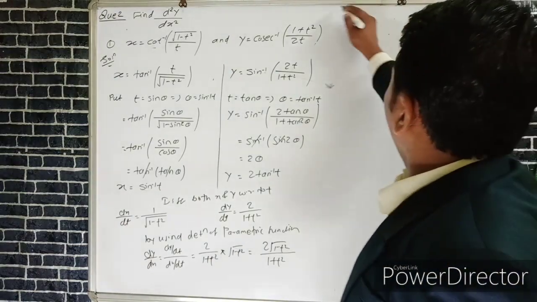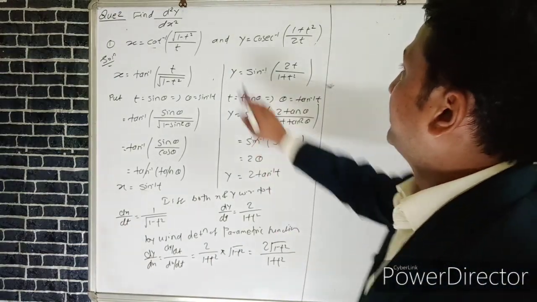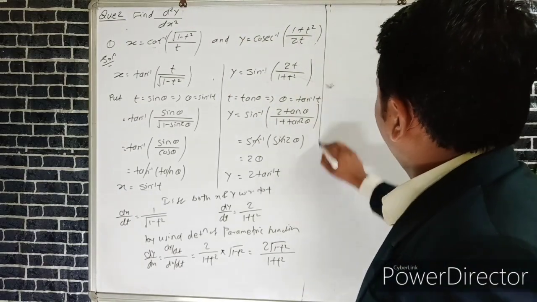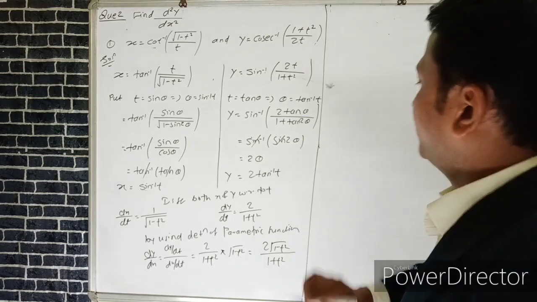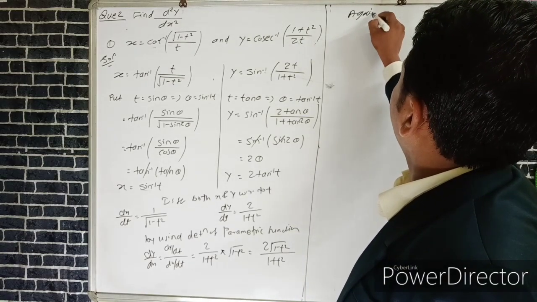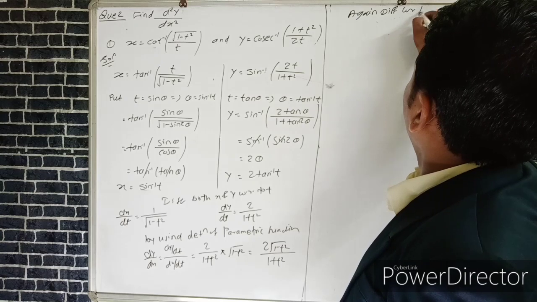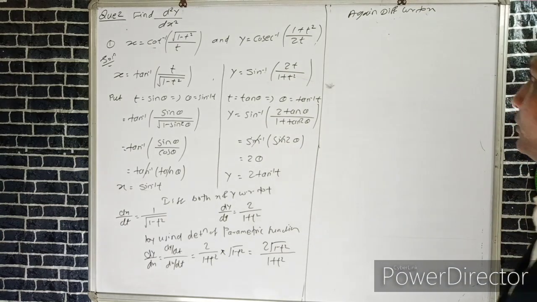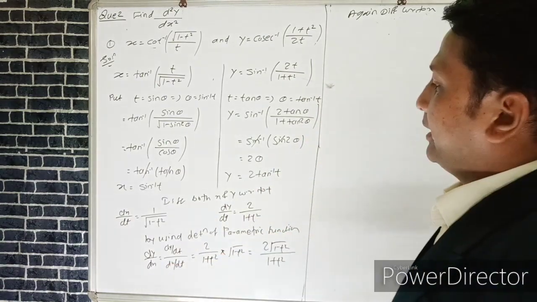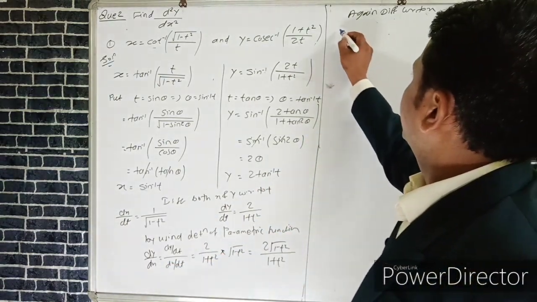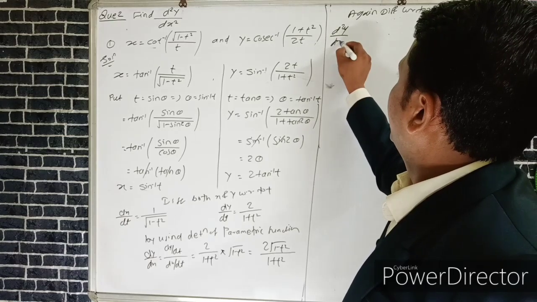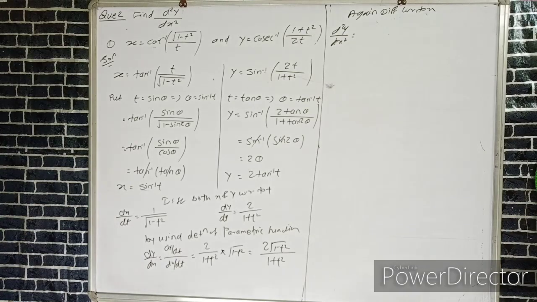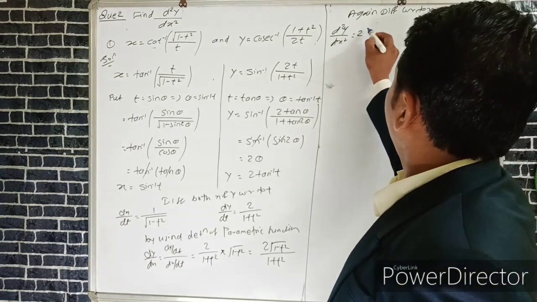But here we have to find the second order derivative d2y upon dx square. To find the second order derivative, again we differentiate with respect to x. Now, the derivative of dy by dx with respect to x is d2y upon dx square equals, here we apply the derivative of u upon v, where 2 is a constant function.